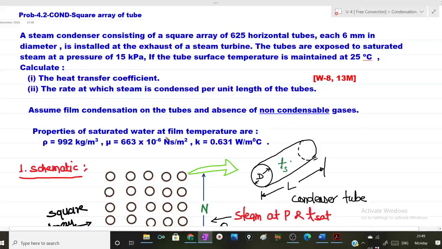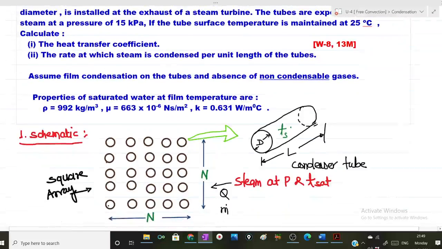Properties of saturated water at film temperature are given: rho 992 kg per meter cube, mu 663 into 10 to the power minus 6 Newton second per meter square, and K 0.631 watt per meter degree Celsius.